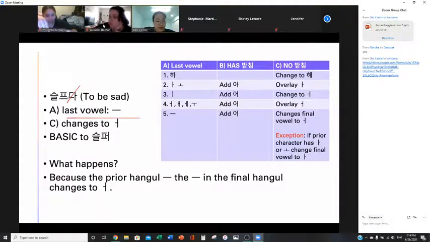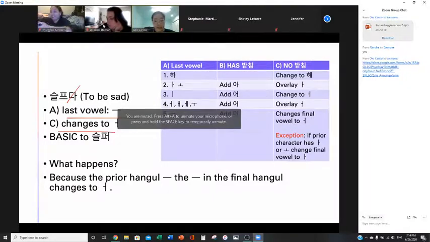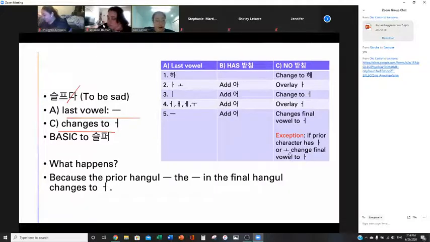So the last vowel is, and then C changes it to o, because this one doesn't have a prior character with a. So it doesn't have a or o in the prior character. Therefore, you will just skip the rule of changing the final vowel to a. So 슬퍼, because o was added. And what happens? Same thing. The prior Hangul character's vowel is not a or o, so it doesn't apply to the exception rule. So you will have the change, so 슬퍼.